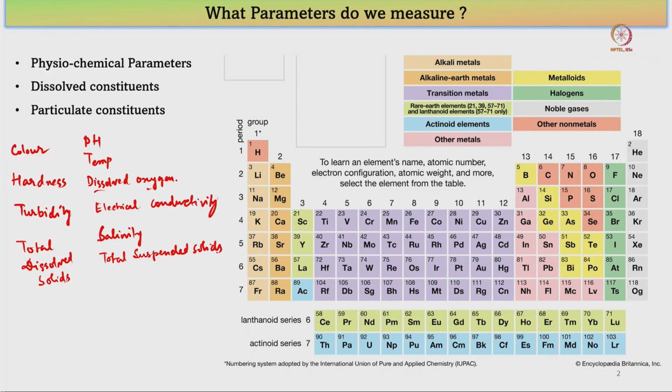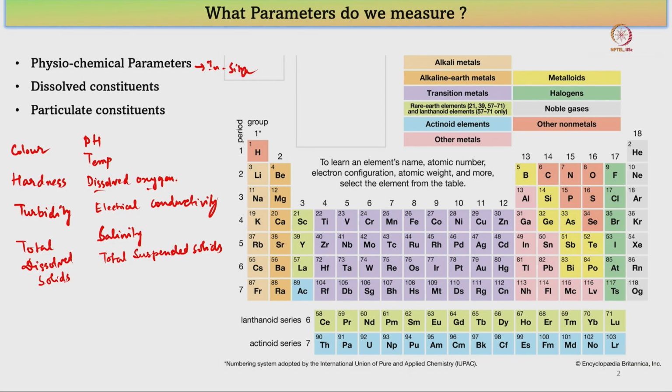So, these are the few parameters that are required to be collected in situ. What is meant by in situ? That means when we are collecting the sample, you are going to take the measurements then and there itself.